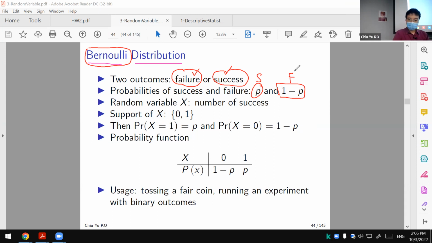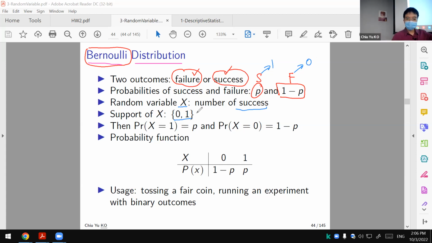Right? The simplest thing in this world, actually, we have been doing a lot, is a random variable, right? It's the number of successes, right? So success is 1, failure is 0. That's what it means, right? So that's why the support is 0, 1. Is that clear? Just only 2 outcomes, success or failure.